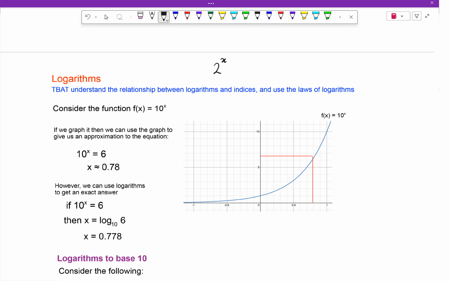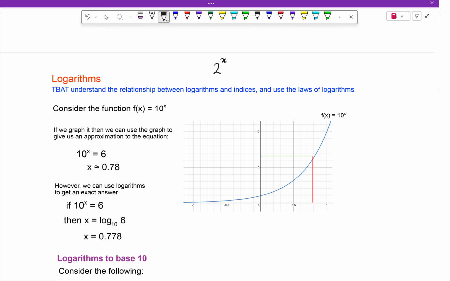The inverse of it would be log base 2 of x, and this will result in x, which is one of the rules. We can see from the relation that there is an inverse relation between logarithm and indices, and we will learn about the laws of the logarithm.